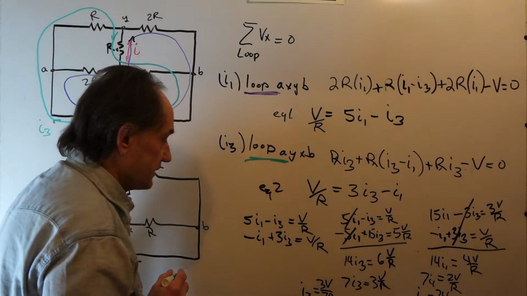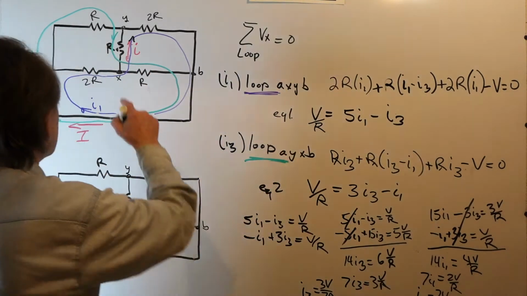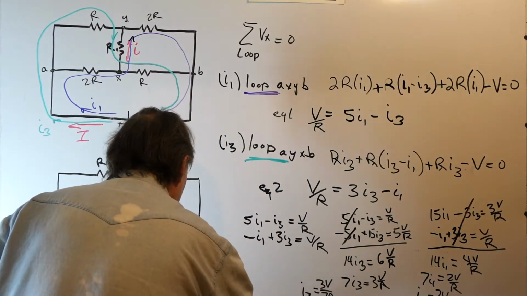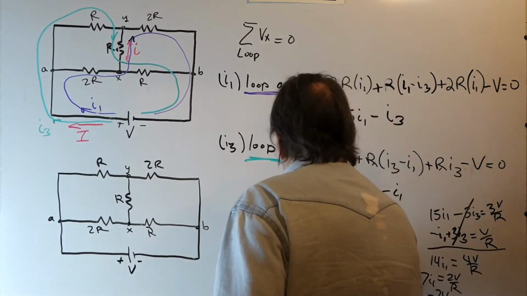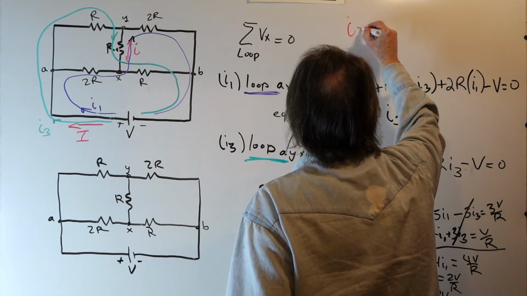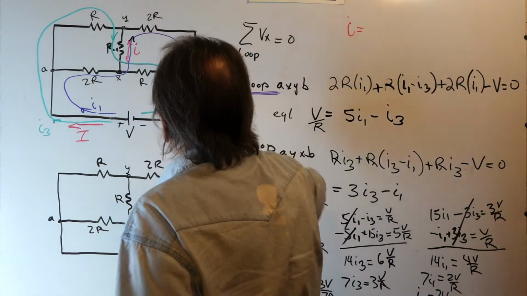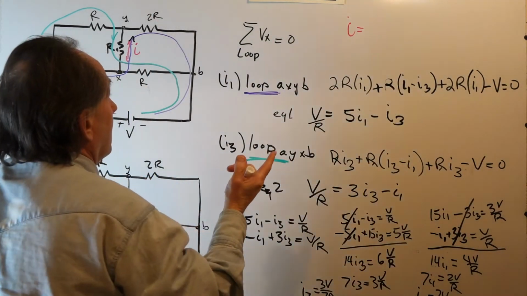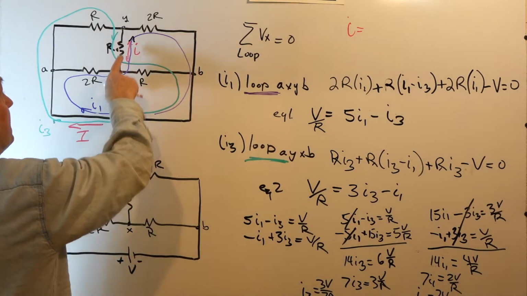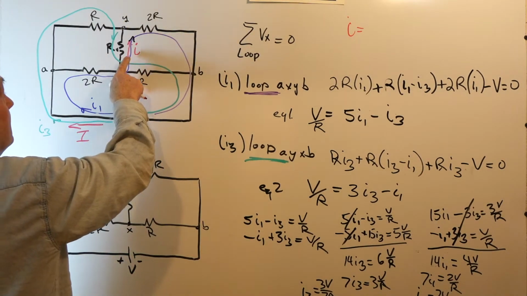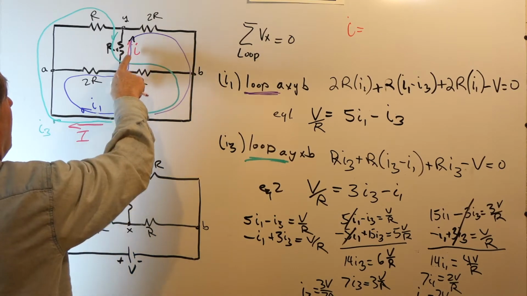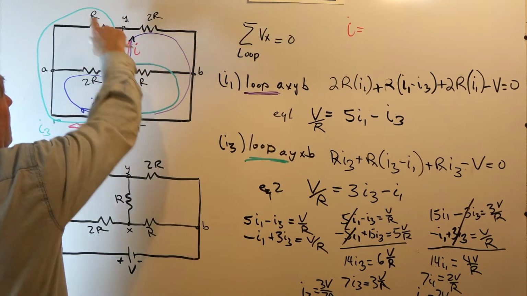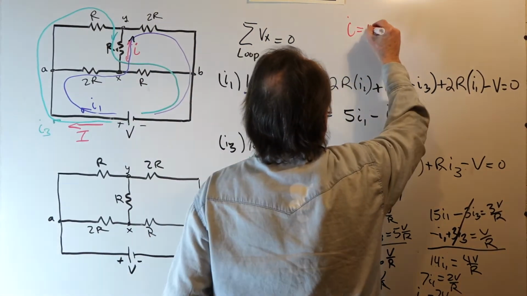So now we have the solutions that we need. What is I? Well, let's choose the current as being positive upward. If we choose it to be positive upward, then I is equal to I1 minus I3.